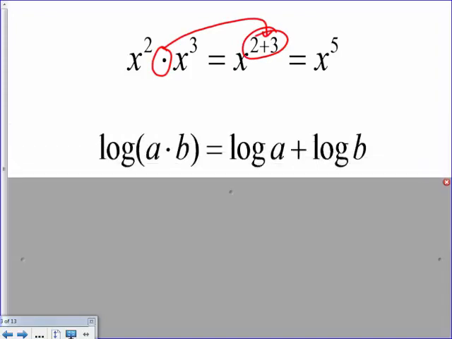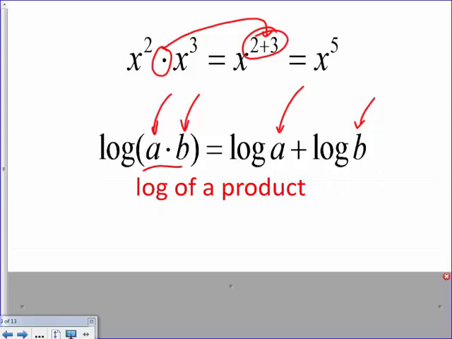If I multiply with logs, I could break it up and say the log of a plus the log of b. So if I'm multiplying two numbers in a log, I could break it up into the log of a plus the log of b, or vice versa. If I had the log of some number plus the log of another number, I could put it into one log and multiply those two numbers. We call that a log of a product.